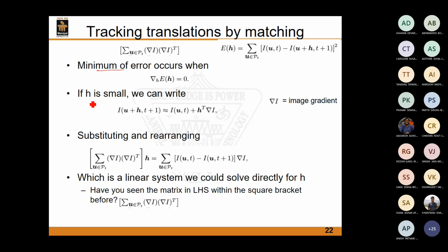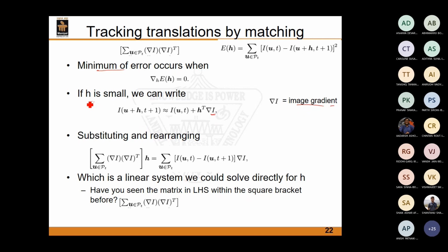Now, if this value h is small, I can rewrite this particular term I(u plus h, t+1) as I(u, t) plus h transpose times delta I. Here, delta I refers to the image gradient. Just note that delta I is nothing but the image gradient.